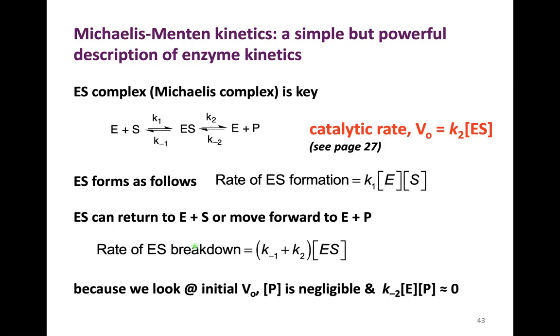But as you'll see, it is surprisingly robust and is well used today and describes many enzymes, not all enzymes, of course. So let's work through this. And again, I encourage you to work through the algebra to start to understand what the heck's going on.